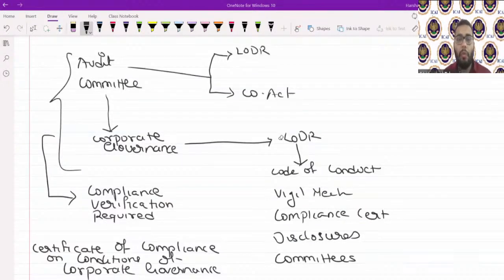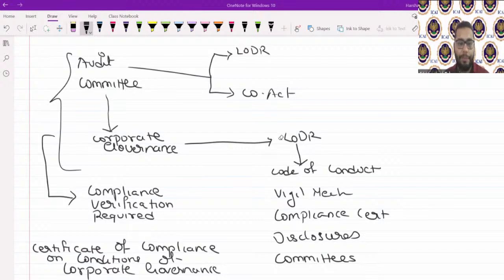Then, what are the principles or conditions of corporate governance? We need to understand that also. This is what we will be discussing in this topic: the auditor's responsibilities in certifying compliance with the requirements of corporate governance, the role of the audit committee, and the conditions of corporate governance.